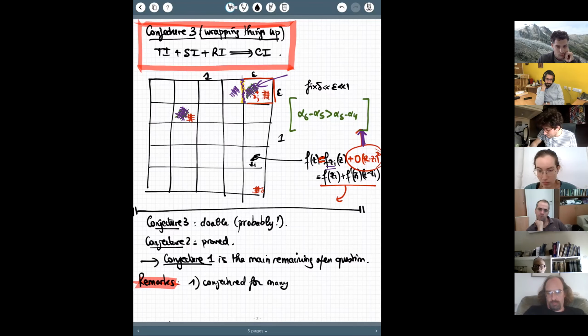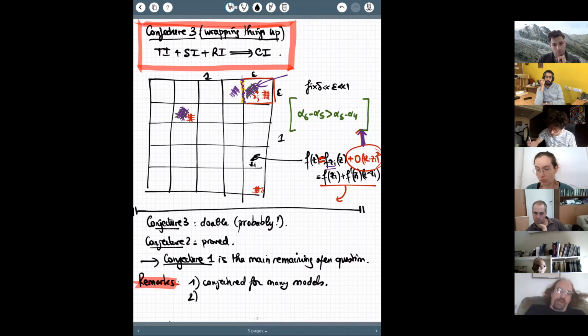I explained it through the case of Bernoulli percolation, but for instance, it should be true for Fortuin-Kasteleyn percolation, for the Potts model, for self-avoiding walks, for loop O(n) models. There is a vast variety of models that all should get the same behavior.